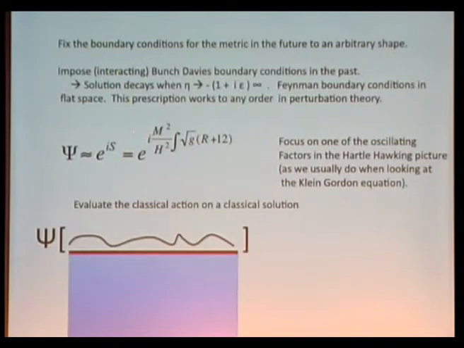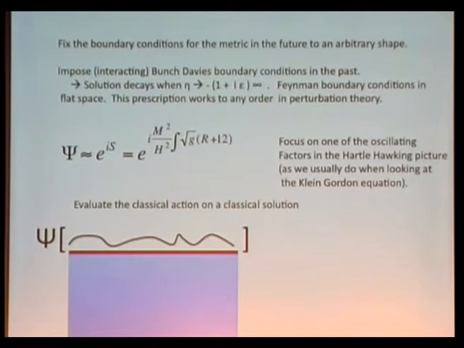And something important to note is that the solutions of these equations are not real, so this action is not a pure phase. e to the iS will have terms that are pure phase, and also terms that are real. The reason that we have a complex action is simply because in the past we are putting boundary conditions which are complex. We say we have positive frequencies but no negative frequencies.